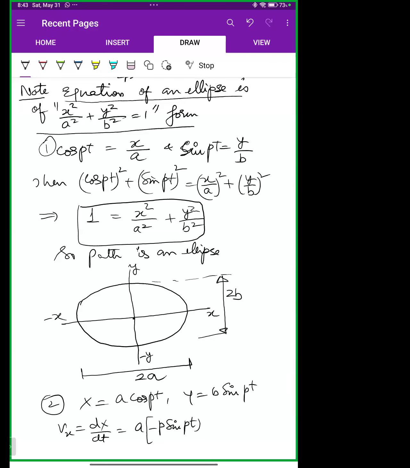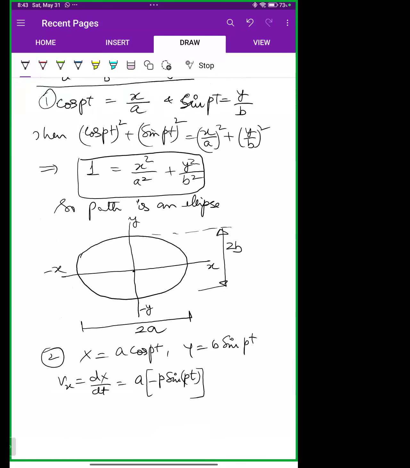Is everyone clear with this? Differentiation, everyone is clear or not? See, it is a cos form. Cos form is differentiated to sin form. But inside, there is not simply T, that is PT. So that coefficient of PT will come out.